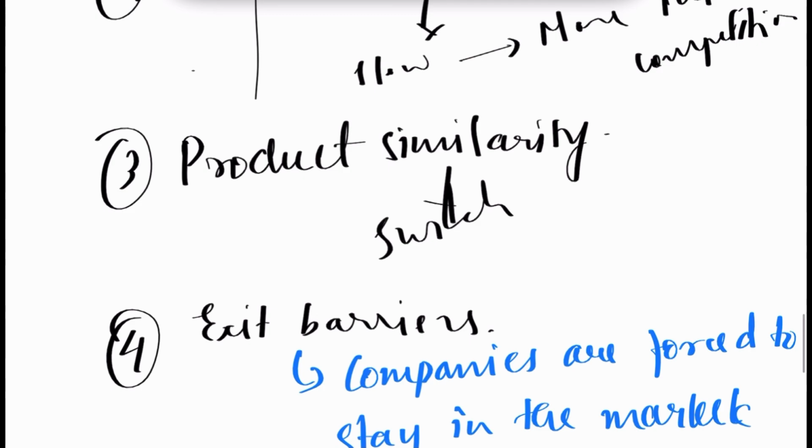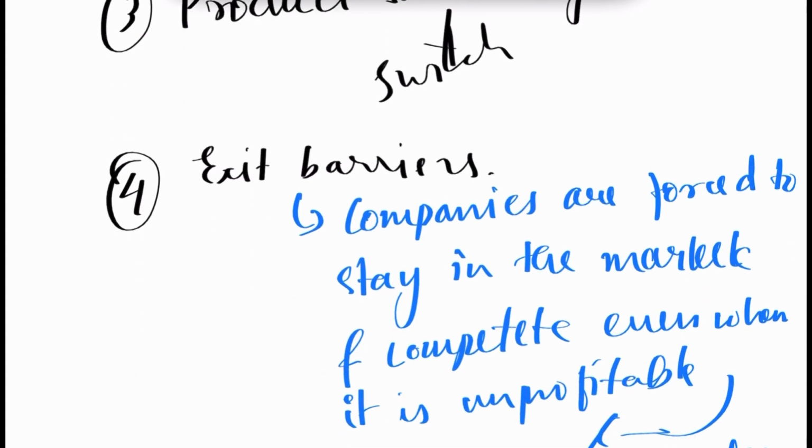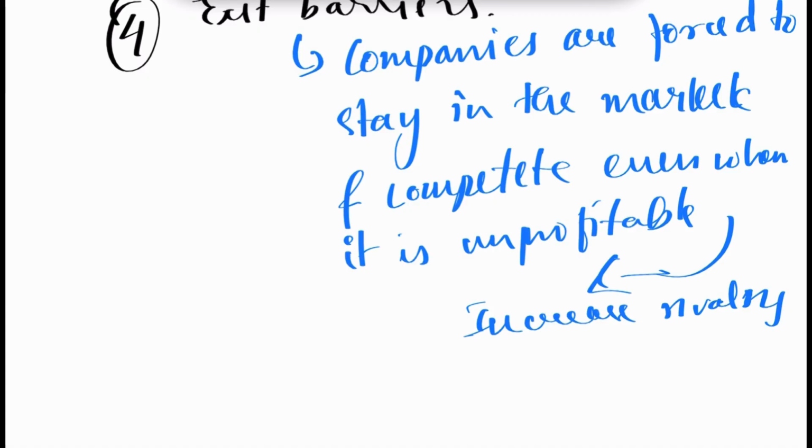Product similarity: if the product is similar, then there will be no switching cost, as the buyers can switch to the product easily. Then there are exit barriers, where the companies are forced to stay in the market even when it is unprofitable, which will increase the rivalry. Okay.